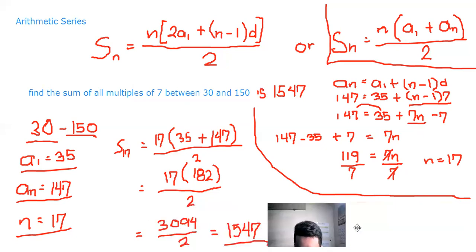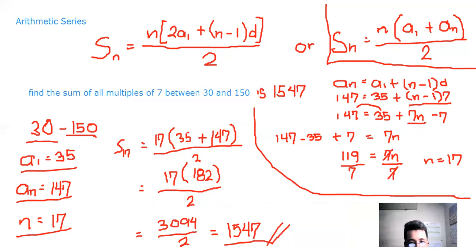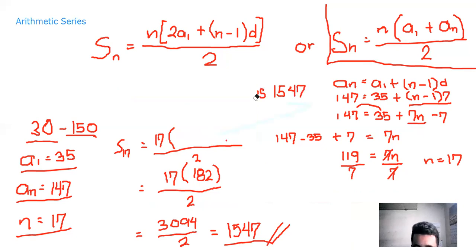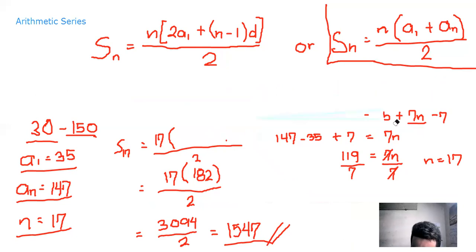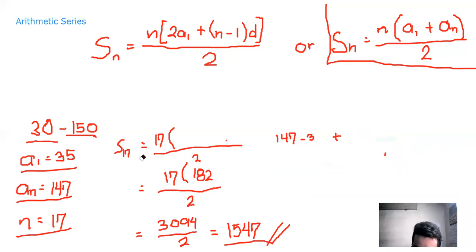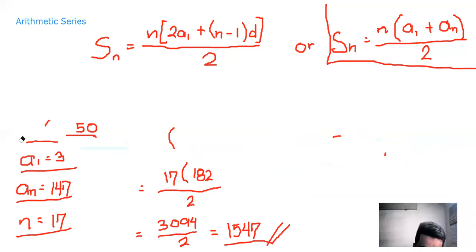Screenshot nyo muna bago ko burahin. 5, 4, 3, 2, 1. Screenshot. So, ang concern mo, paano kapag parang pinagsama natin lahat, no? Mag-iiba na yung first term natin, second term, last term natin. Pero, ito pa rin pangalawang natin na pwede natin gamitin.